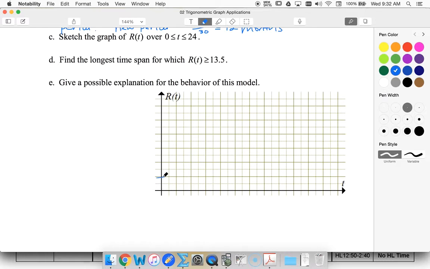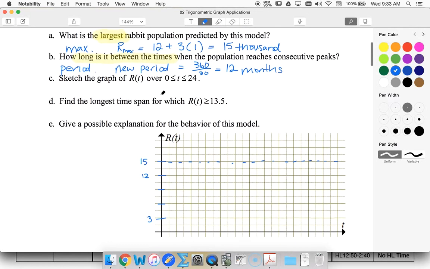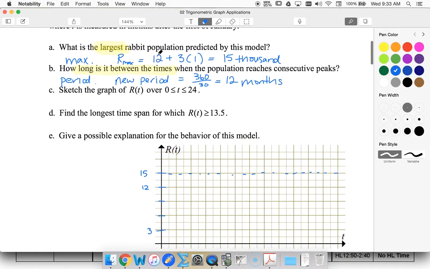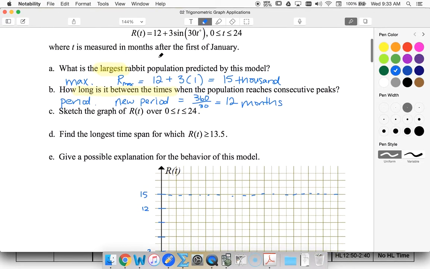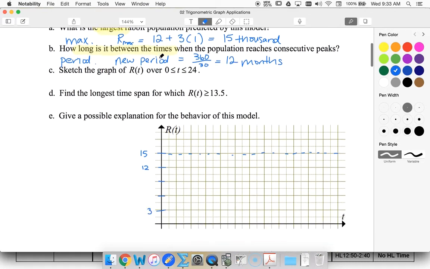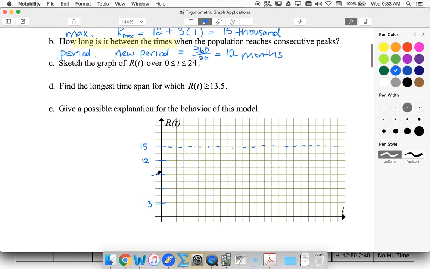So then this would be 3, 6, 9, 12 here, and then 15 here. I do want to make my graph look nice, and I don't want to add in lines if I don't have to. So my max is going to be 15. My min is going to be 12 minus 3, so center line minus the amplitude. So 12 minus 3 is going to put me down here at 9. And here's my principal axis at 12.